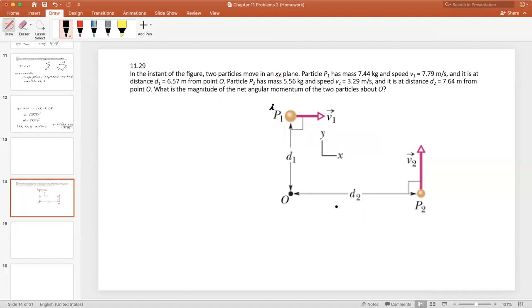It's at a distance D1, so let's actually call this R1, of 6.57 meters from the origin. Particle 2 is 5.56 kilograms, 3.29 meters per second, at a distance R2 of 7.64 meters. And we want to know the net angular momentum of the two particles about the origin.